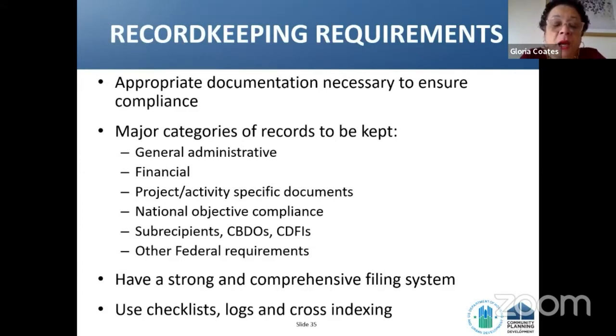We won't go there. But it's very important that you document the eligibility of the activity and that a national objective is met. Those are statutory requirements. And also, as stated, for any CV activities to tie back to the pandemic.